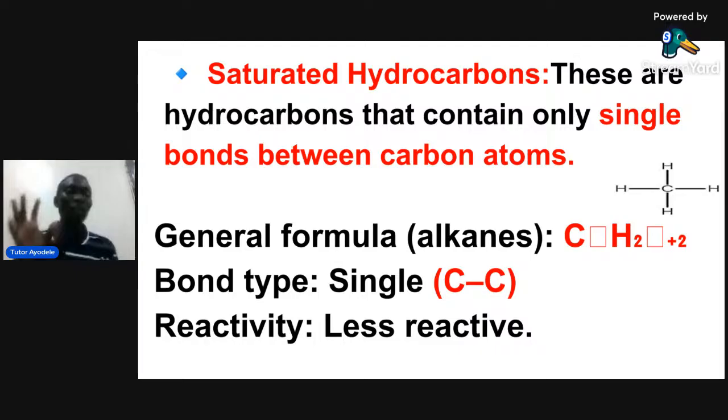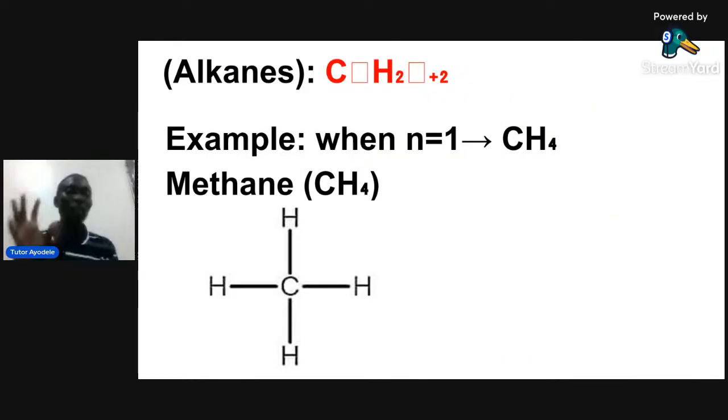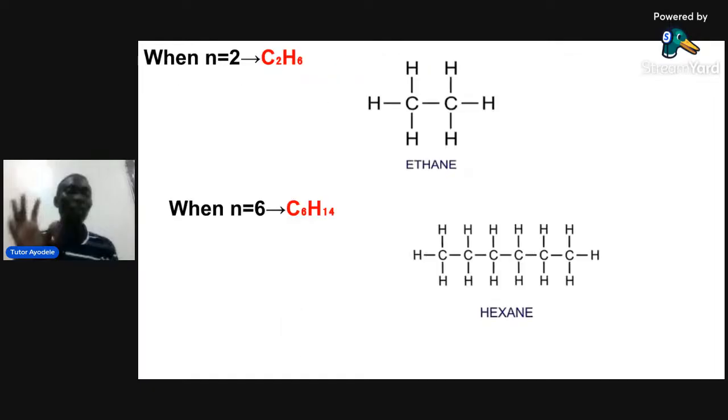Now you can see here that saturated hydrocarbons are those hydrocarbons that have single bonds between the carbons, such as alkanes. They have a single bond from carbon to carbon. You see more examples here. So they are less reactive. Okay, let's quickly go to the next one. This is the formula I explained earlier.